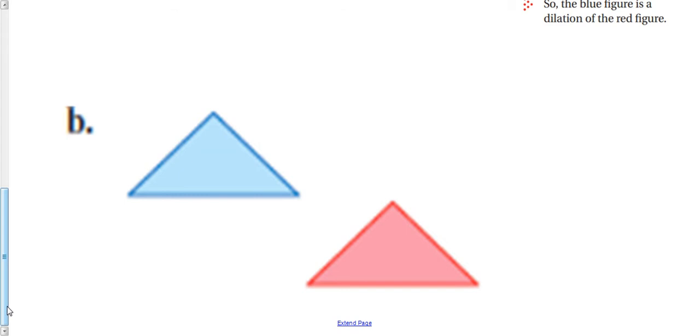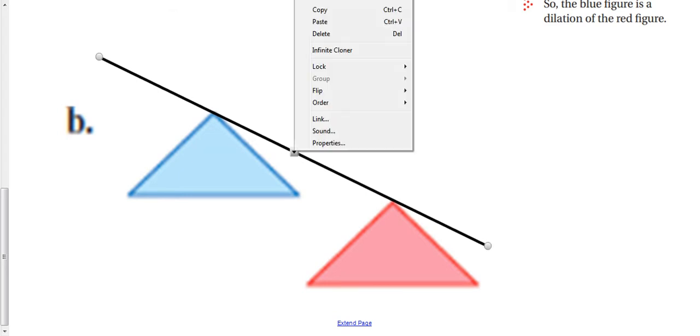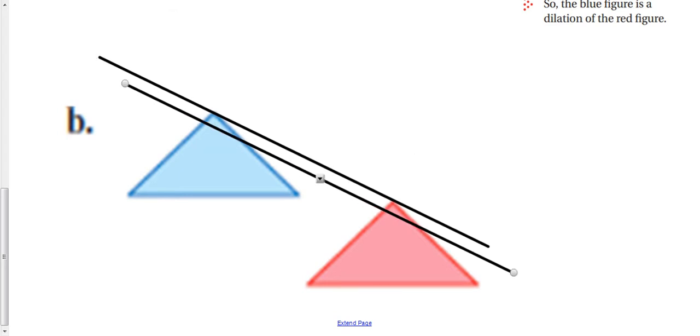Is this a dilation? Well, if we did our line test, I wonder how that would come out. I'm just curious. So here's one line. And then we make another line.